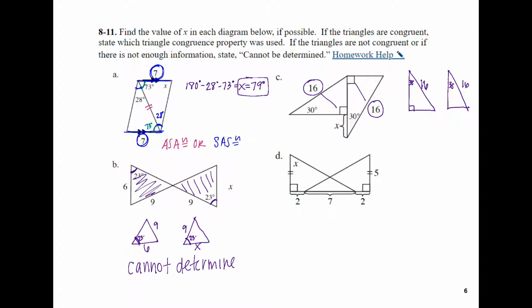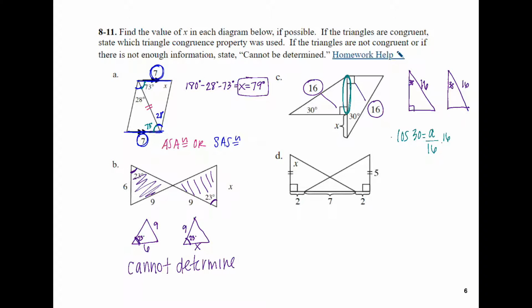So in order to find x, because these triangles are congruent, we can find this bottom piece using our right triangle trig. So adjacent and hypotenuse is cosine. So if we take the cosine of 30 degrees, it equals our adjacent side over our hypotenuse.